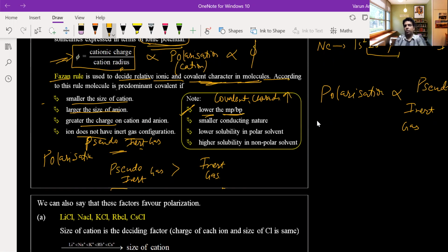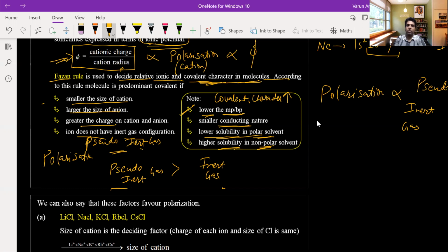Ionic compounds are more conducting in nature, so if the covalent character is increasing in the ionic compound, then its conductivity will decrease. Also, ionic compounds are more soluble in polar solvents because they form ions. Now, as the covalent character is increasing, they will not form ions easily and their solubility in polar solvents will decrease. As the covalent character is increasing, their solubility in non-polar solvents will increase.